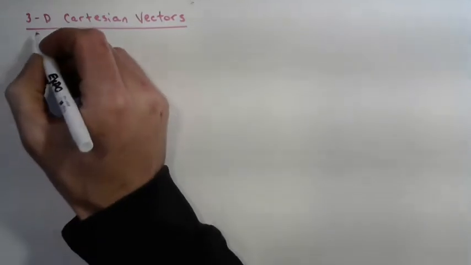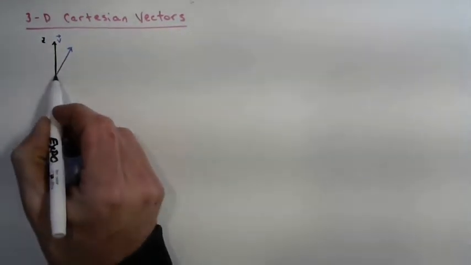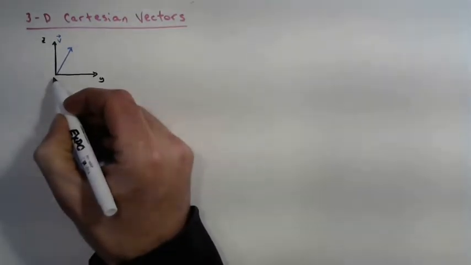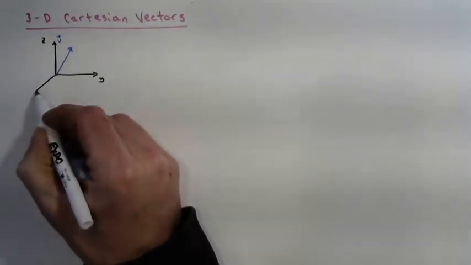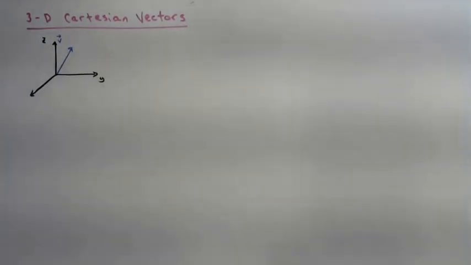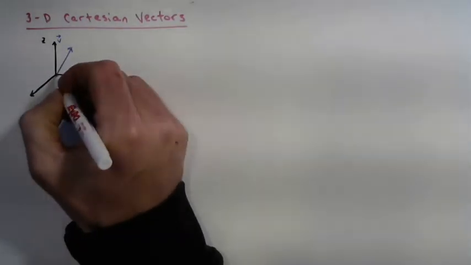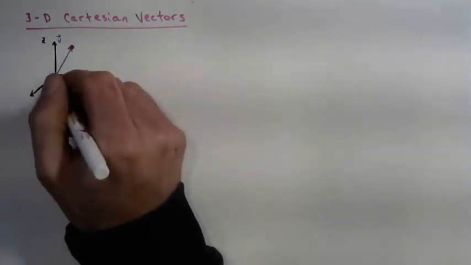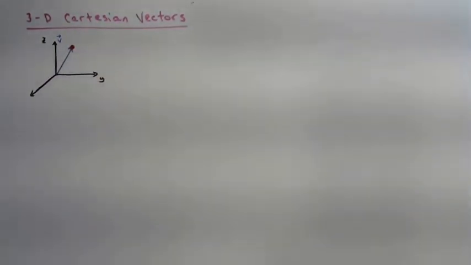So here we have our positive z axis, positive y axis, and then we have our x axis coming out at us. And in order to represent this vector as a Cartesian vector, all I'm saying is that from O to P, some point P with coordinates x, y, z.